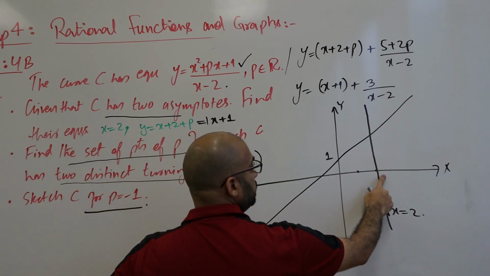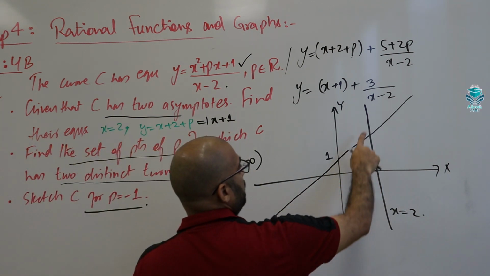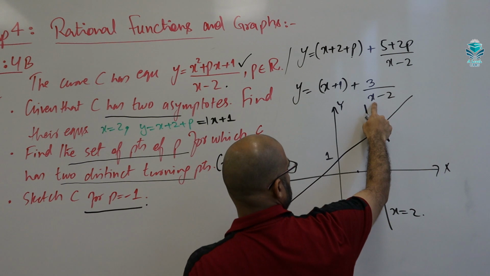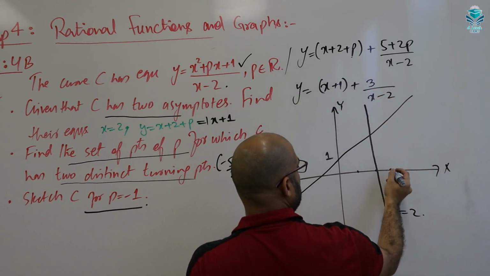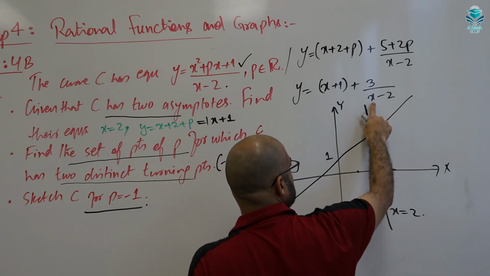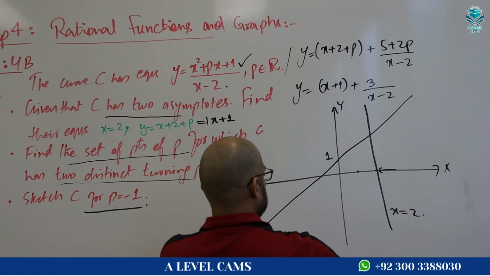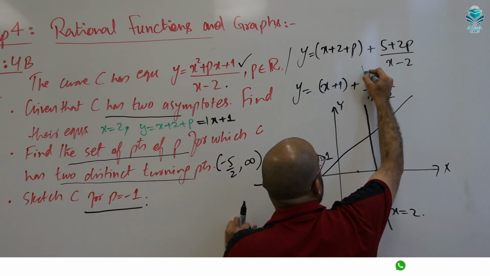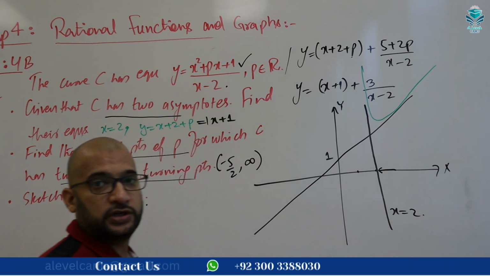Now let us see what happens. For values above 2, the whole function will be positive. When we approach 2 from the right side, the denominator approaches 0 and y approaches infinity, which gives this sketch of the curve.